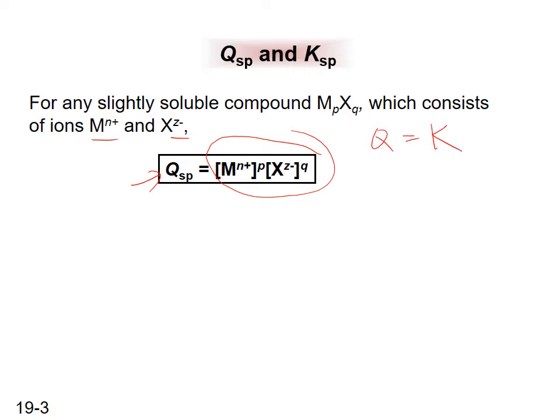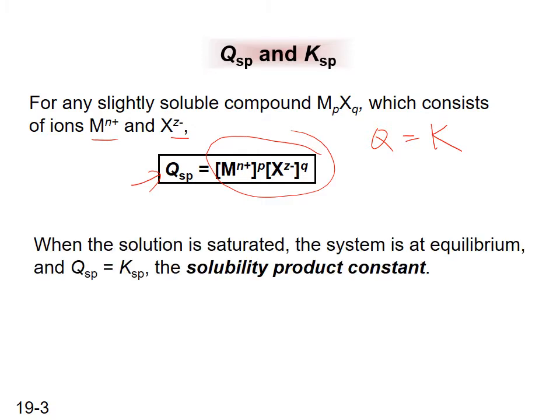So for the slightly soluble solid, when the solution is saturated, the system is at equilibrium and the Qsp becomes Ksp. Qsp represents the reaction quotient and Ksp represents the equilibrium constant, which is called the solubility product constant.